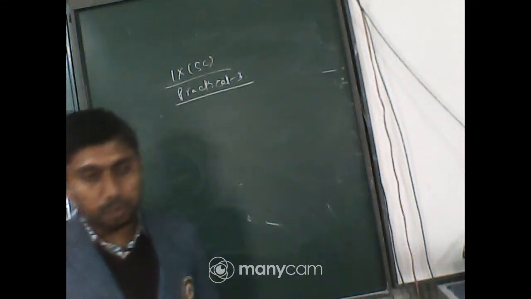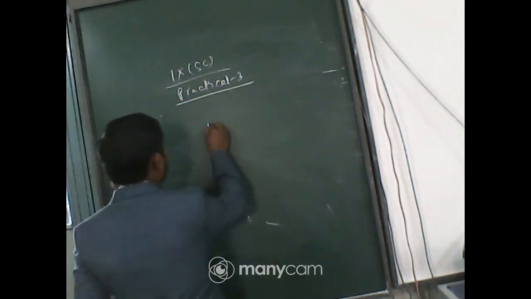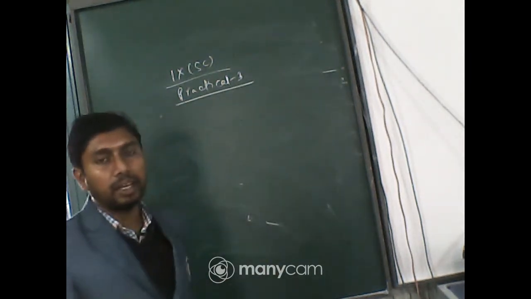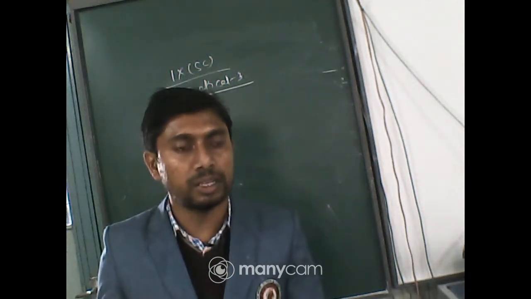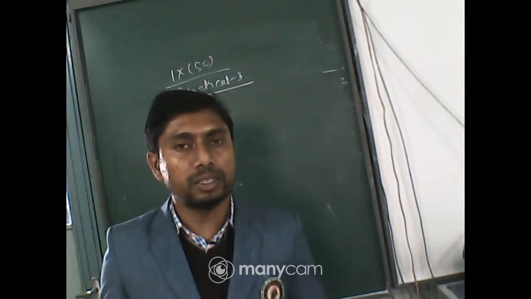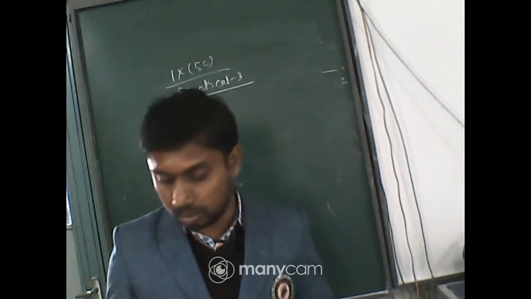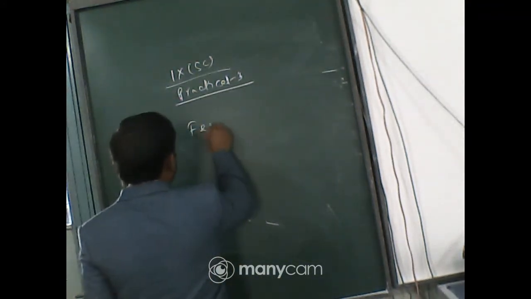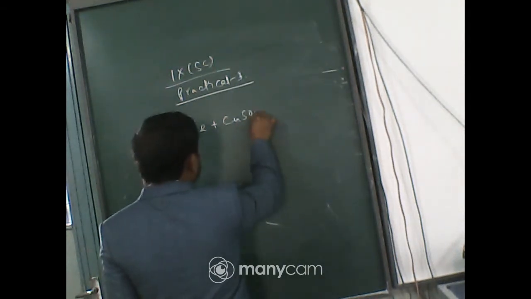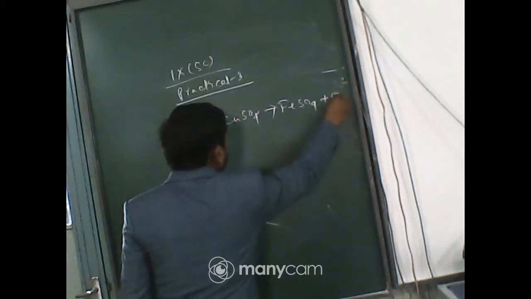Decomposition and displacement reaction: this is displacement of one cation by another cation, and you already know the definition of cation. A cation has positive ions, and an anion has negative ions. One example is iron plus copper sulphate forming iron sulphate and copper.